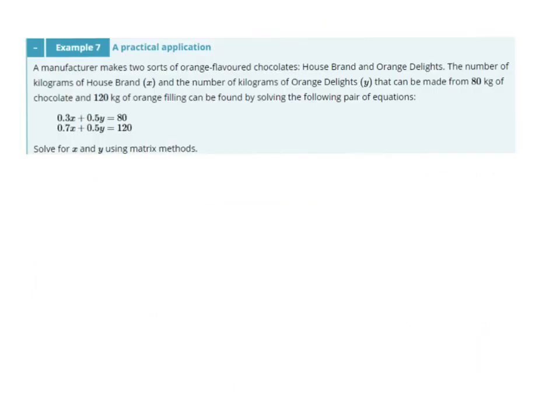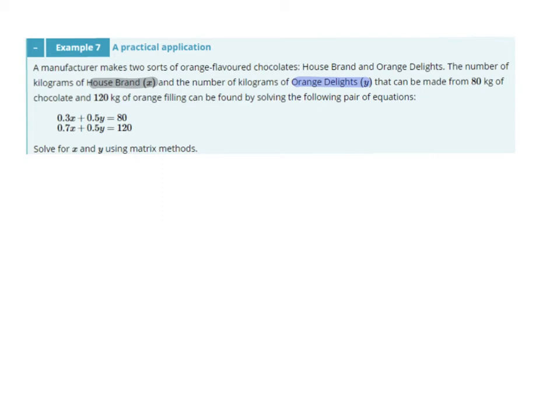Let's go. A manufacturer makes 2 sorts of orange flavoured chocolates, House Brand and Orange Delights. The number of kilograms of House Brand, so they're calling House Brand X, and the number of kilos of Orange Delights, which are Y, can be made from 80 kilograms of chocolate and 120 kilograms of filling.